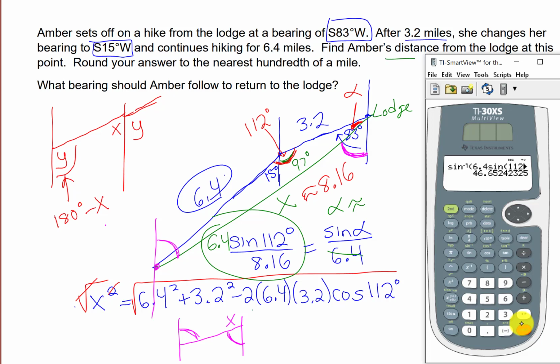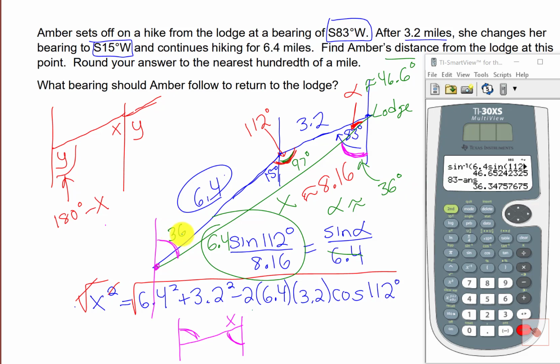And it looks like that angle is 46.65. So alpha is about 46.6 degrees. And what did we need? We needed the pink one, so I'm going to do 83, which was the whole angle there, minus that one we just found, and that will tell me the size of the pink one right here, and that's going to be 36 rounded to the nearest degree, because it did tell us in the bearings to just round to the nearest degree.